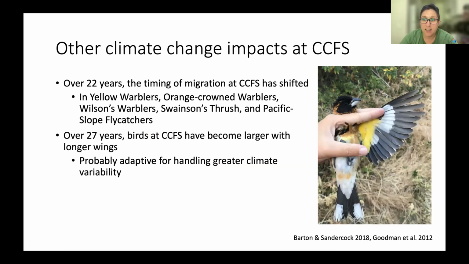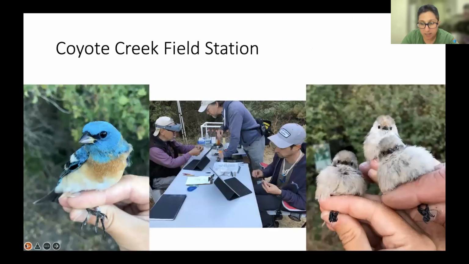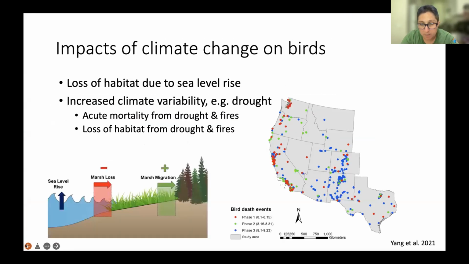There's a section of papers featuring CCFS data. The earlier ones are mostly Morgan Tingley, and Yang et al. I can type them in the chat if you give me a couple minutes after I stop sharing my screen. Perfect.